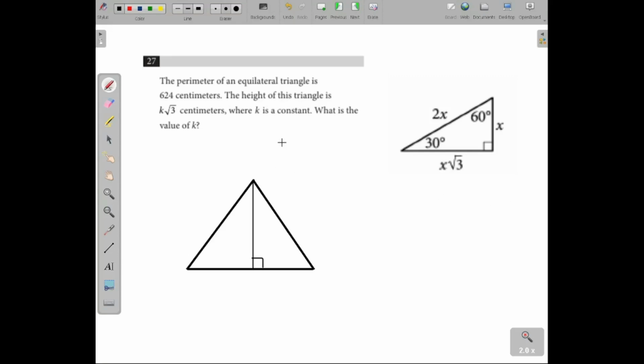Number 27. The perimeter of an equilateral triangle is 624 centimeters. The height of this right triangle is k square root of 3 centimeters. We have the same units, centimeters and centimeters, where k is a constant. What is the value of k? We need to find k. For that we could use this special triangle formula.